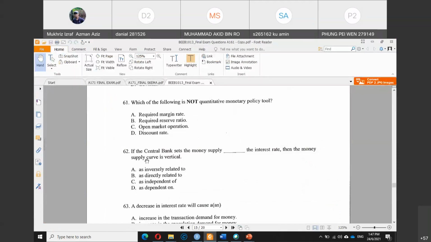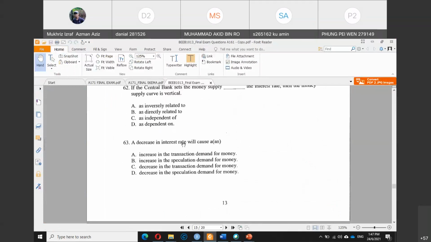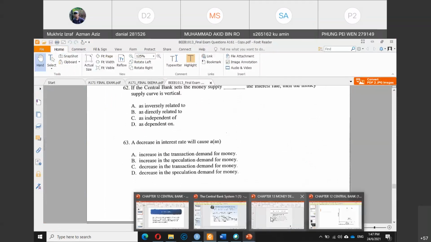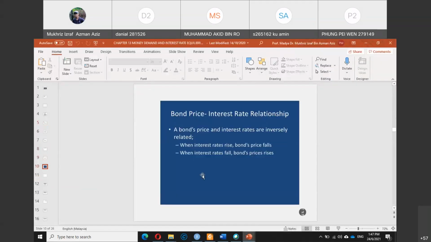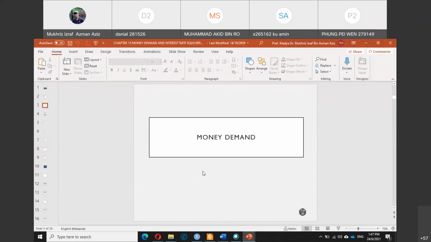Okay, 63. A decrease in interest rate will cause what? Increase in the transaction demand for money. Again, you need to go back to the slides from this week, when we discussed the motives for demand.